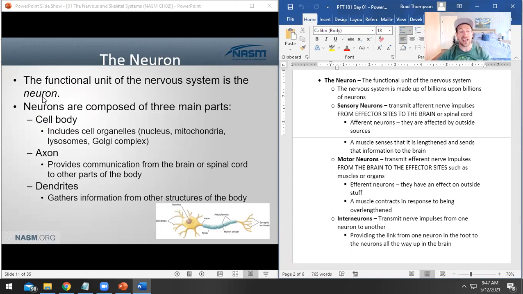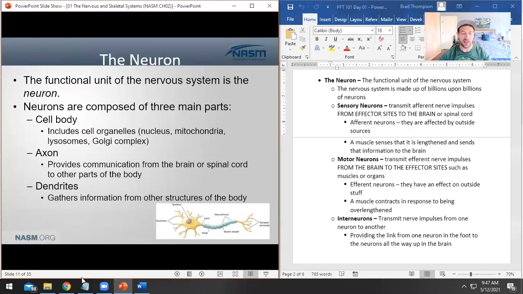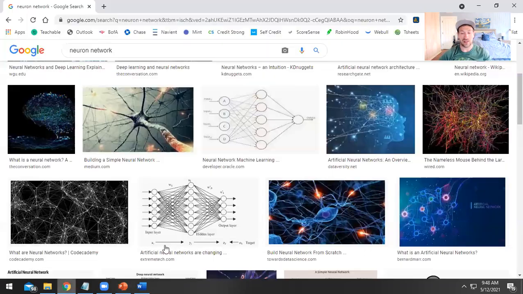Now, in that you will see the cell body. That's going to be all the normal stuff you'll see in a cell, right? Like a nucleus in there. You're going to see mitochondria, all the totally normal animal cell stuff. But the special shape that you're going to see on a neuron is the big long tail, and that tail is called an axon.